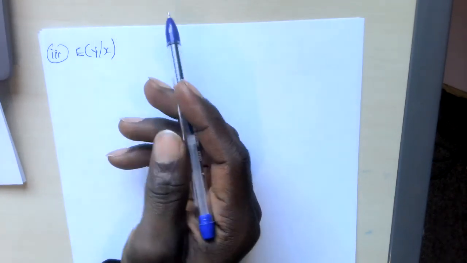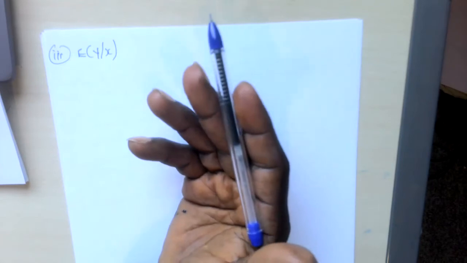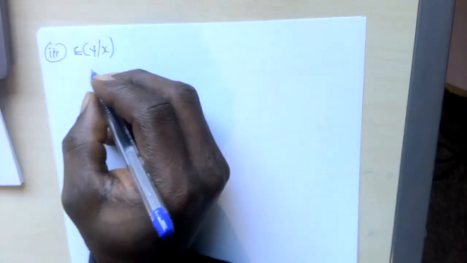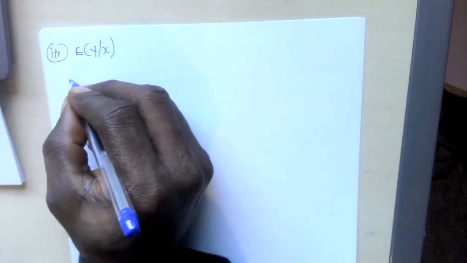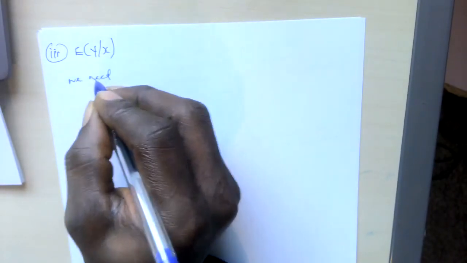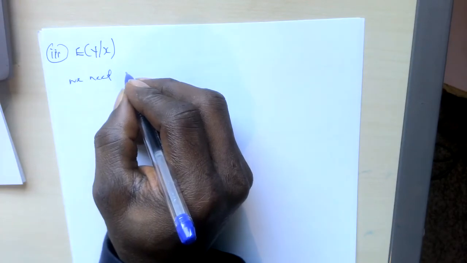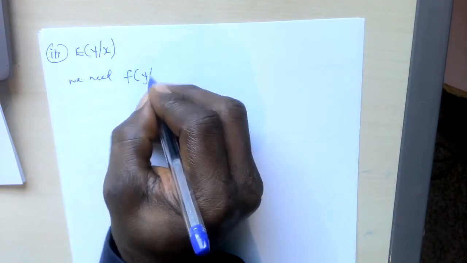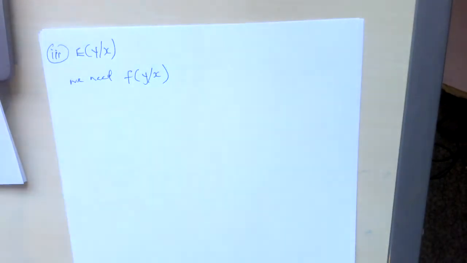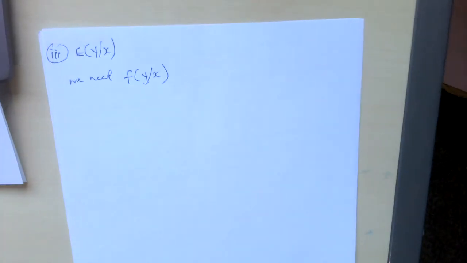So that gives you the f of y given x. To get this, we need f of y given x before we can look for the mean.